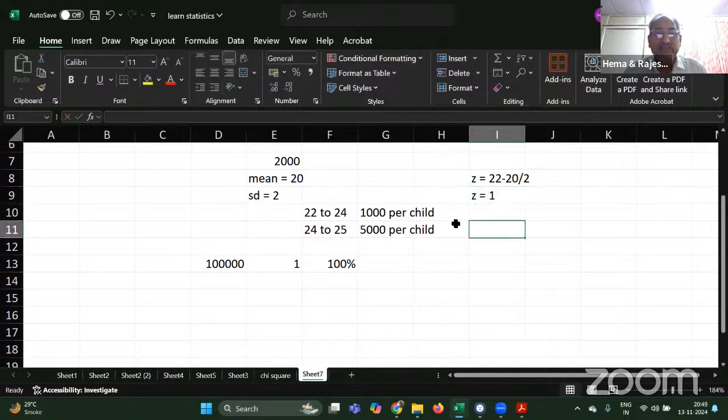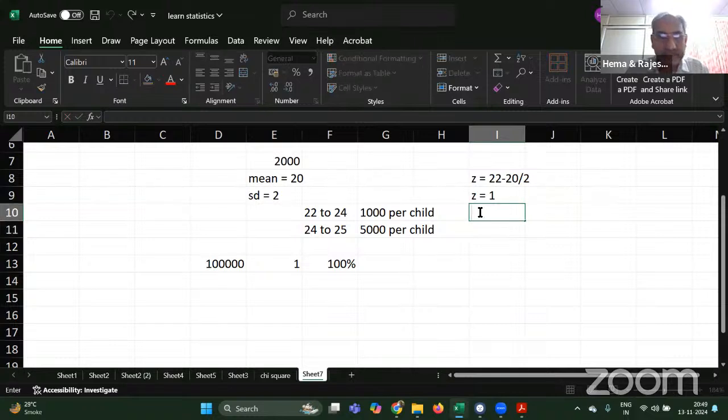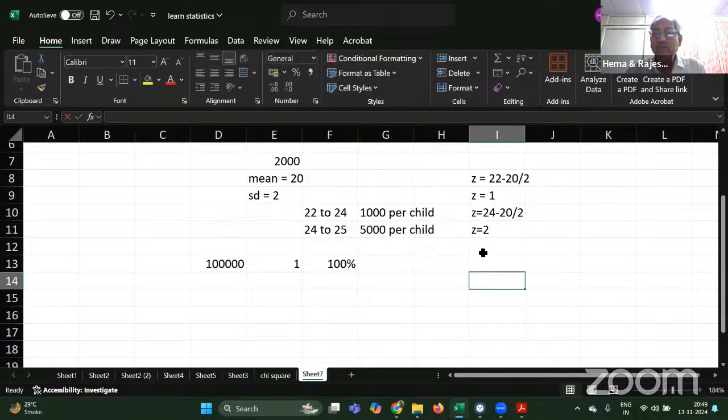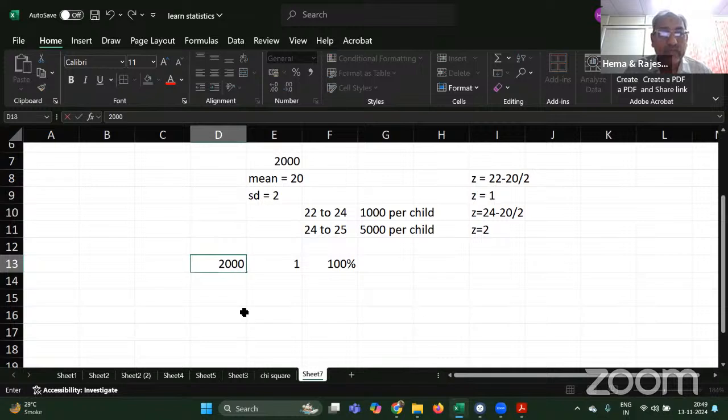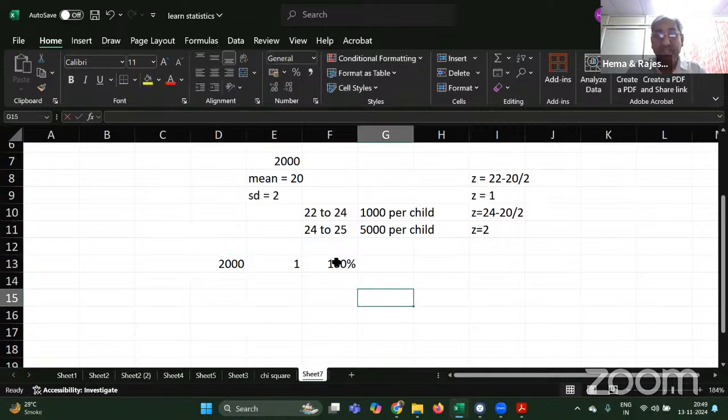When you take 24, Z is equal to 24 minus 20 divided by 2, so Z is equal to 2. If you want to find the number of students between 22 and 24, here we have 2000, so 100% is 2000.